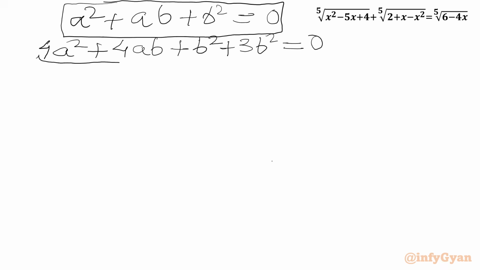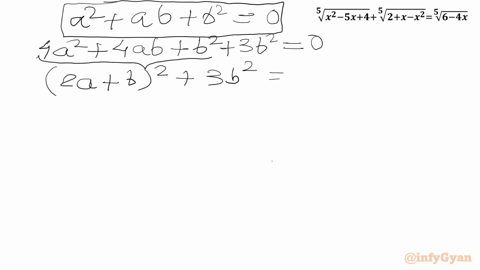Now from these three terms, we can write one perfect square of 2a plus b. Then we have 3b square equal to 0. Sum of two squares equal to 0. This is possible if and only if these two brackets will be 0.